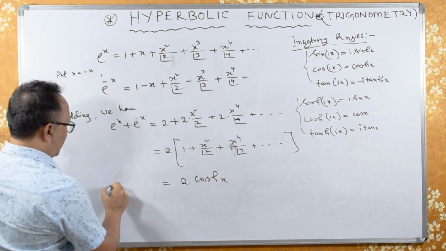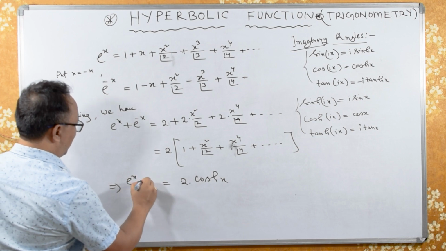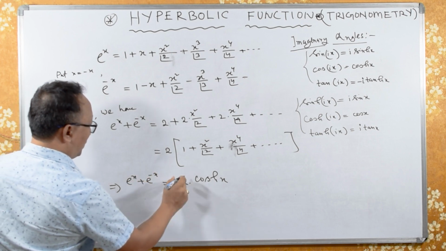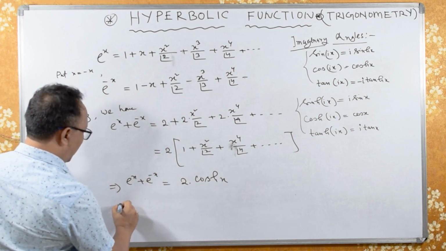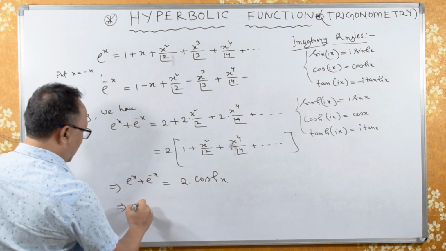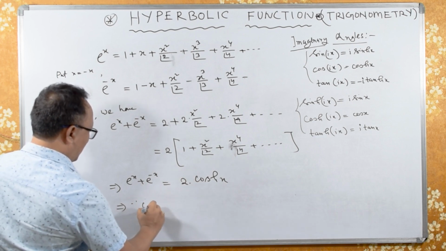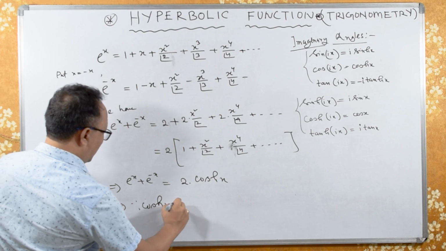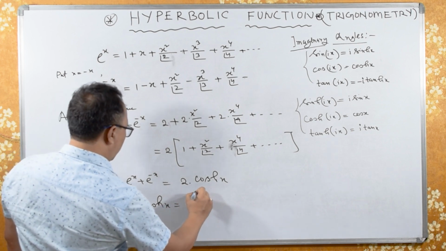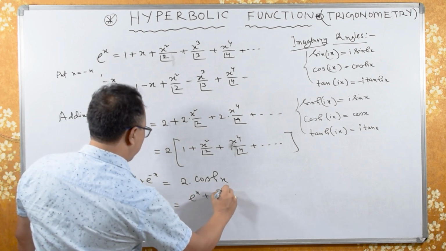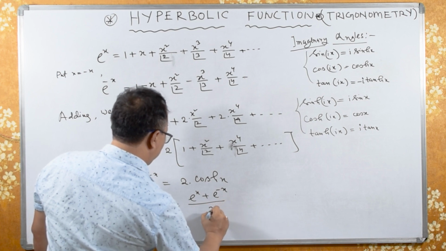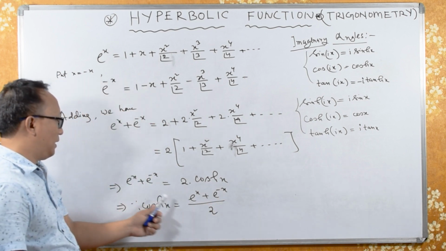Sending the 2 down, cos hyperbolic x equals e raised to x plus e raised to minus x upon 2.